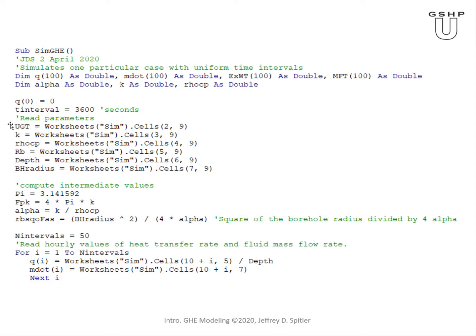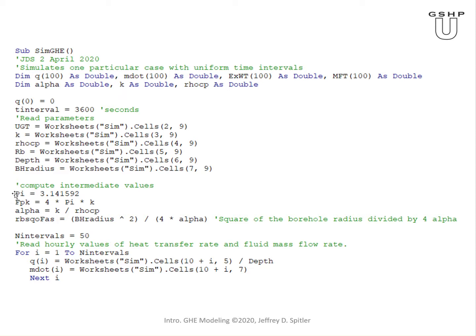Let's see. So I read the parameters from the parameter section: the undisturbed ground temperature, or the far field temperature, conductivity, rho CP for the ground. We'll take a look. Yeah, alpha, the thermal diffusivity, is the conductivity divided by rho CP. The borehole resistance, the depth, and the borehole radius are all computed.